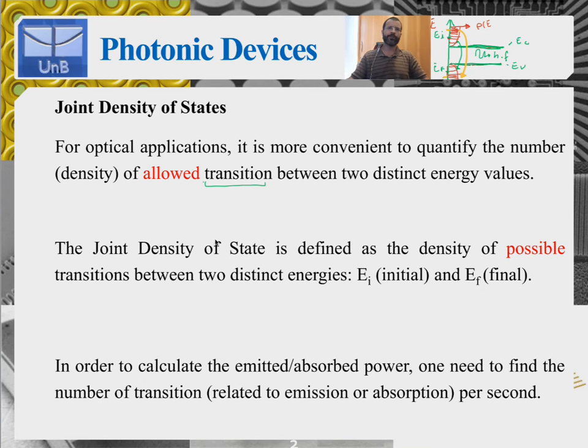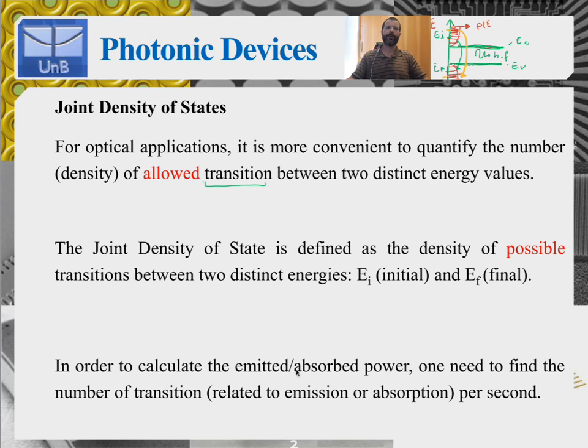We're interested in this because in order to calculate the emitted or absorbed power, for example, the power emitted by a laser or the power absorbed by a photodetector, we need to find the number of transitions per second. And in order to find this, we will need the joint density of states, as we'll see.